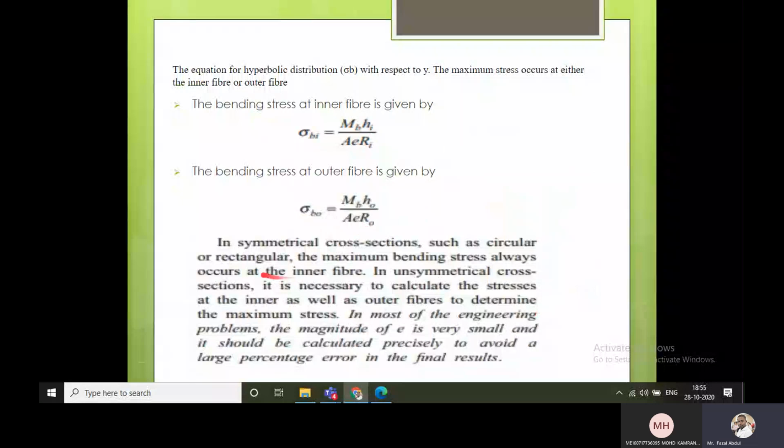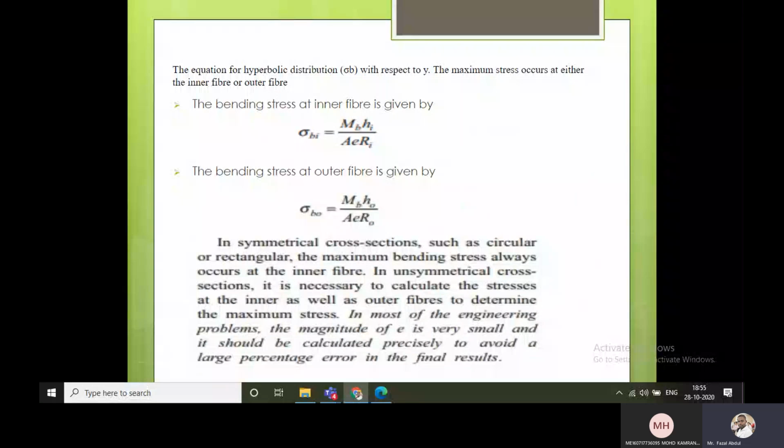Now, for the symmetrical section, such as a circular section or rectangular section, the maximum bending stress always occurs in the inner fiber. This point you need to remember, because with this point we can save time solving problems.